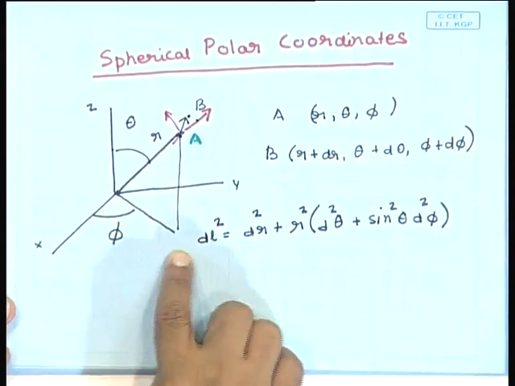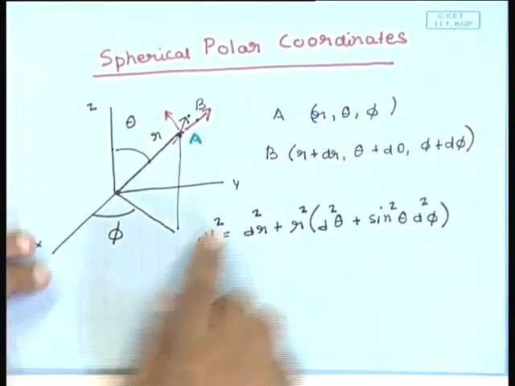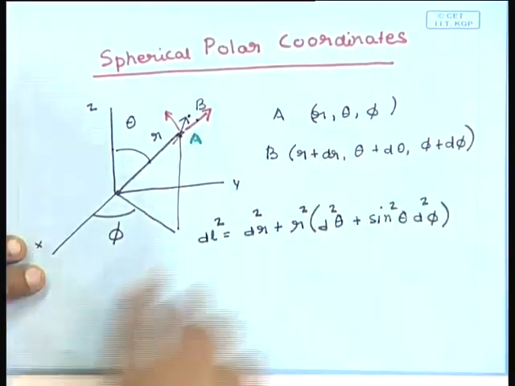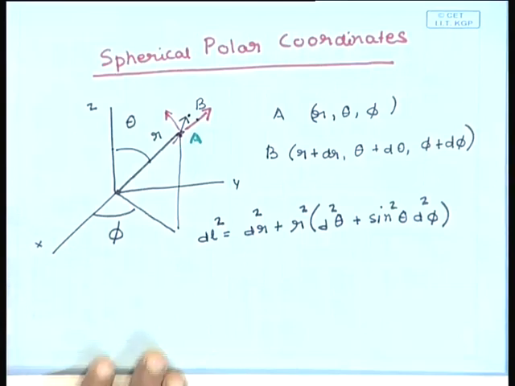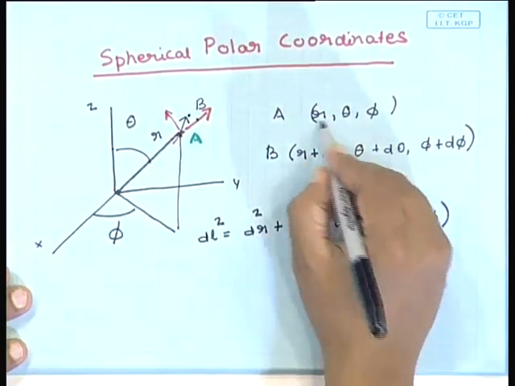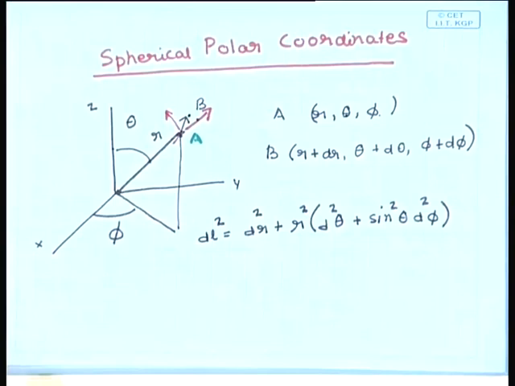Okay, so now you see that the way you calculate the length is not just d square r plus d square theta plus d square phi. There are these extra terms over here, and identifying this as the first coordinate, this as the second coordinate, this as the third coordinate, we can write down the metric.